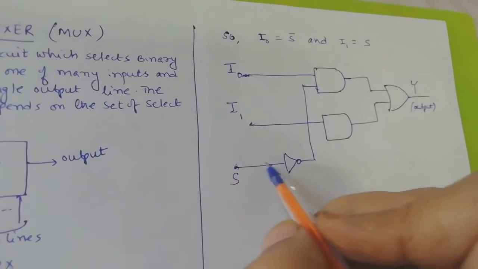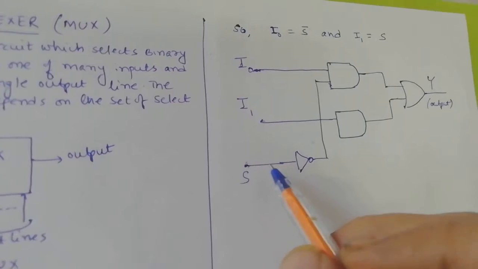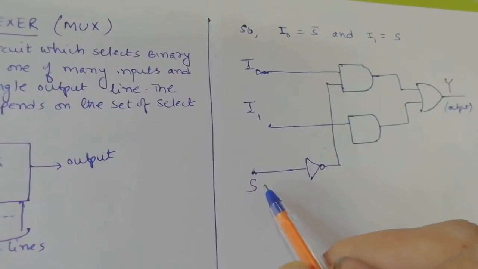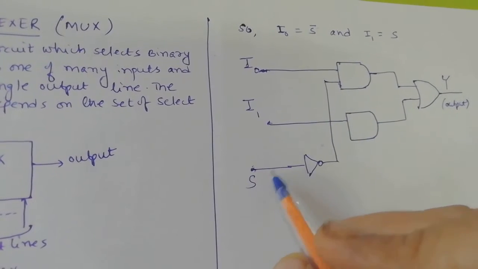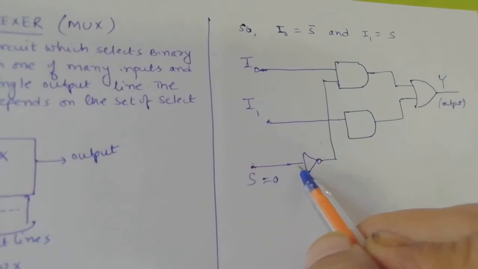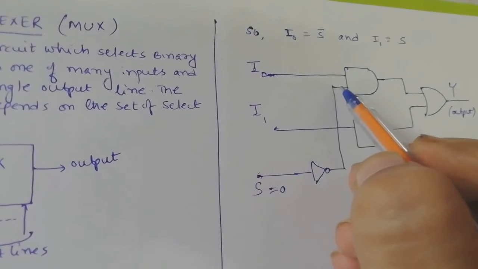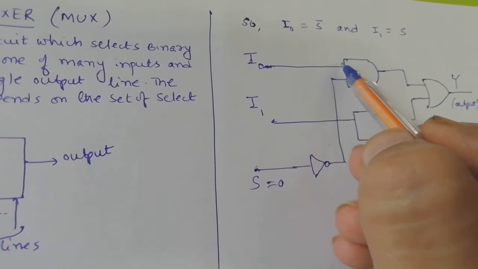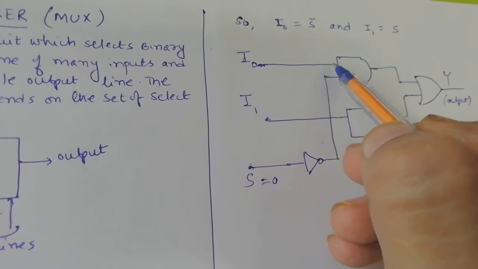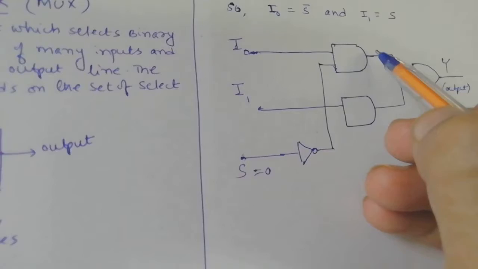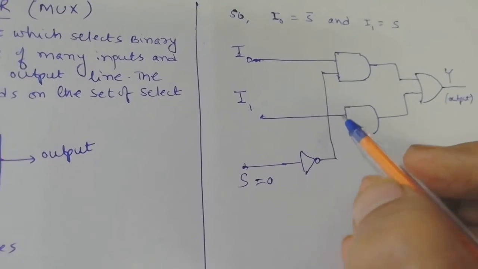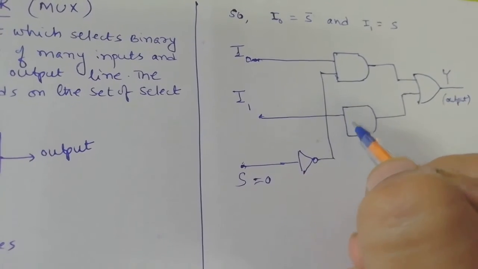Now you can see that when S is equal to 0, after the NOT gate it becomes 1. So when S is 0, this is 1 and the other input is I0. Since it is an AND gate, I0 will be the output, and the other AND gate will be disabled in that case.